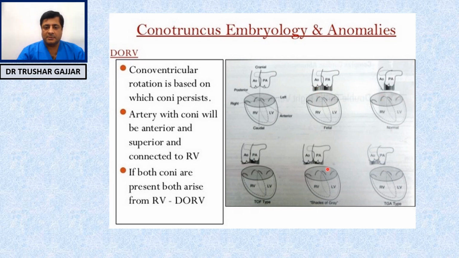But if both conuses persist, the inner curvature doesn't regress. So both the arteries come anteriorly and come in relation with the right ventricle. So this will lead to the formation of double outlet right ventricle. Along with that, the rotation also doesn't occur, and because of that, these two arteries will have a side-by-side relationship.